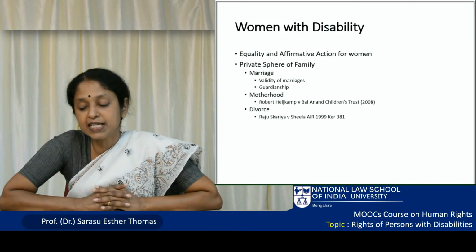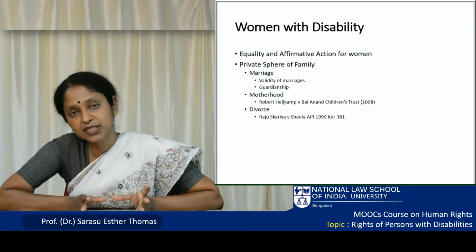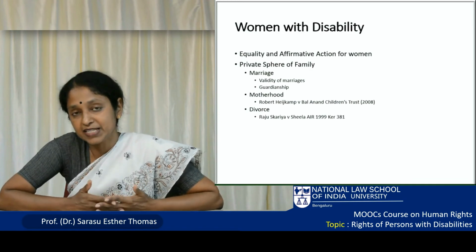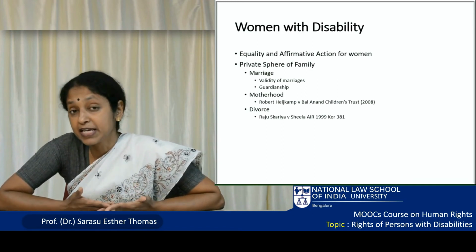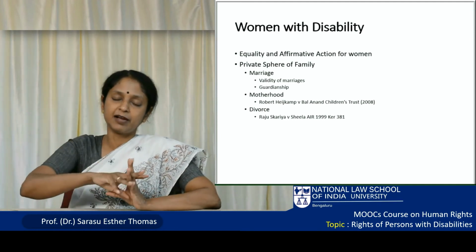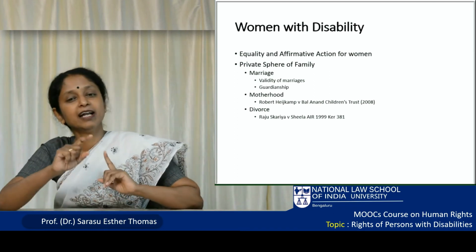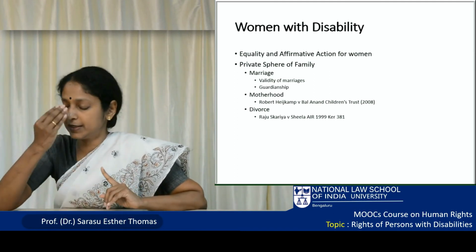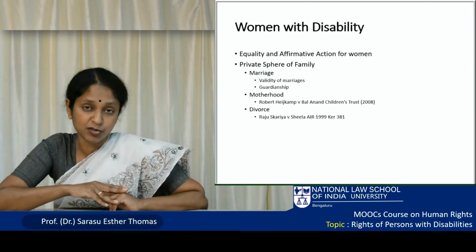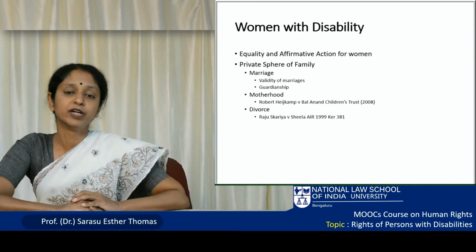Now, most personal laws do say that a marriage with a person with a mental disability may, in some cases, be an avoidable marriage, or to put it in the language that the law uses, insanity can be either a ground for the invalidation of a marriage, or it can be a ground, as we will see in the last point, for divorce.